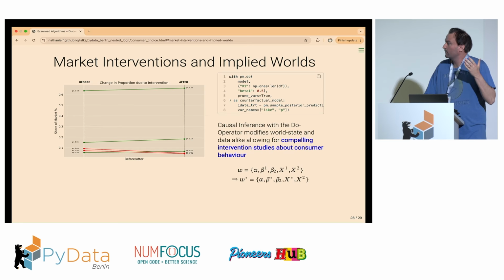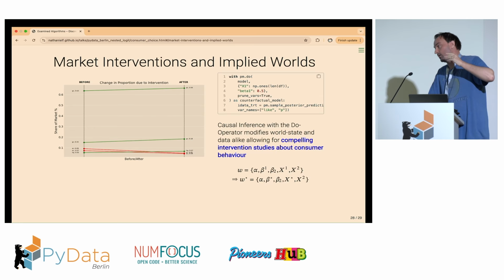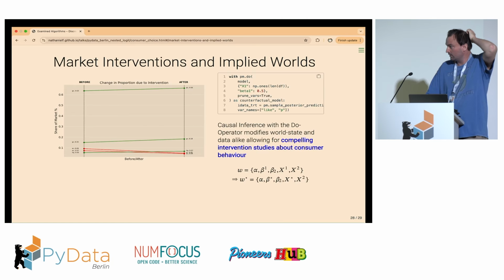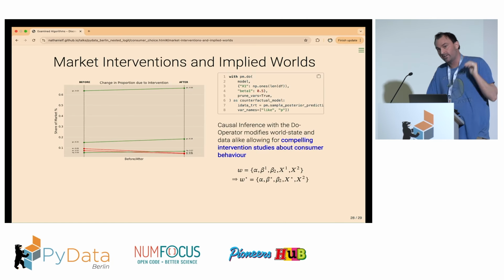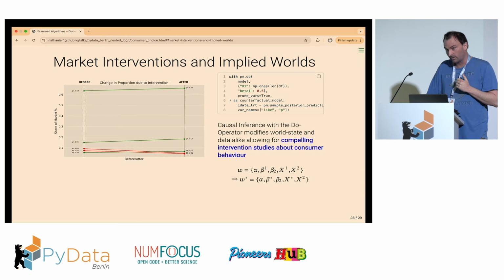So this is what I mean when I say that when you're fitting a Bayesian model and exploring the do operator across these models, you're going from world to world. You're moving from world W to world star, where you've intervened on the model, changed some of the parameters or changed data to explore what the world looks like under those conditions.